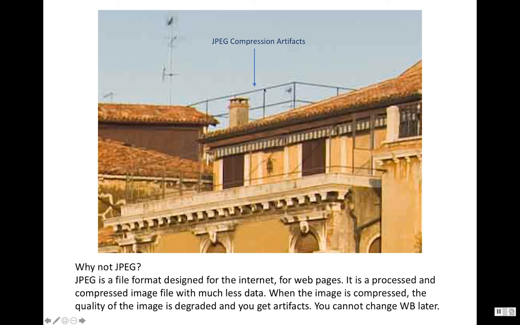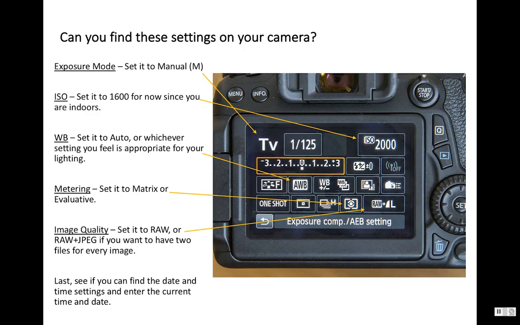These little blocky bits of detail, this kind of glitchy looking stuff, is what we call artifacts. And that's a process by which the JPEG is compressed in an algorithm, and it throws out little bits of image data and it writes other things in a shorthand, and you end up with that kind of look.